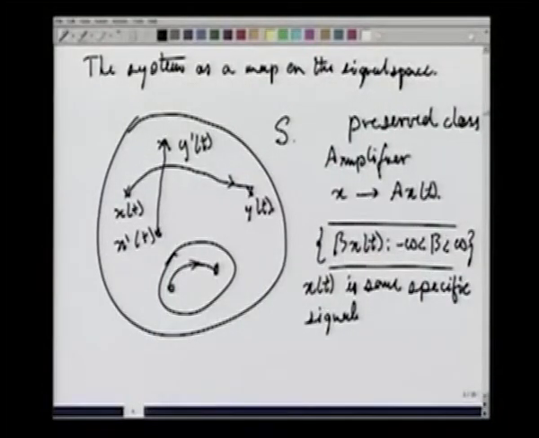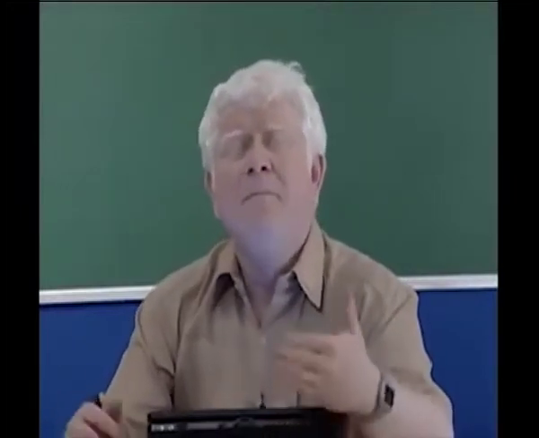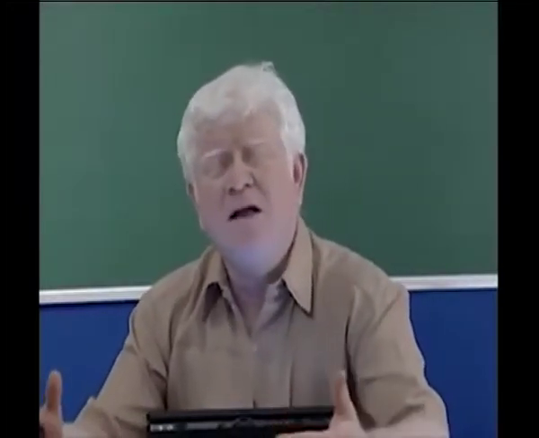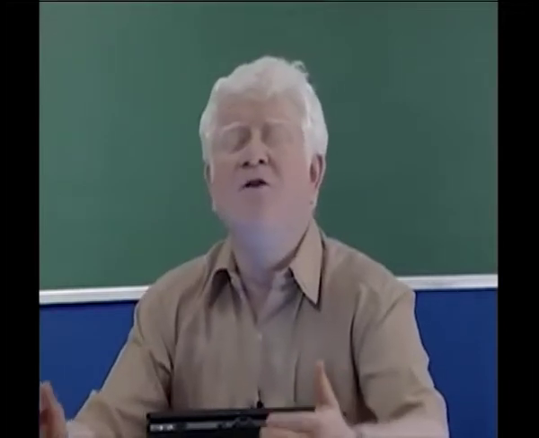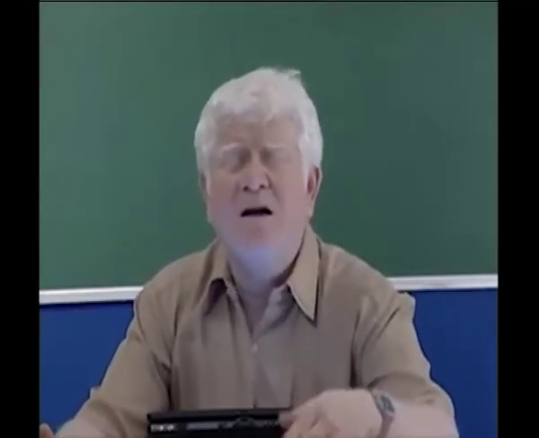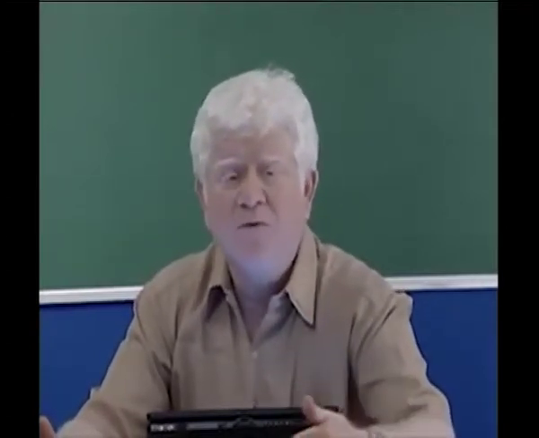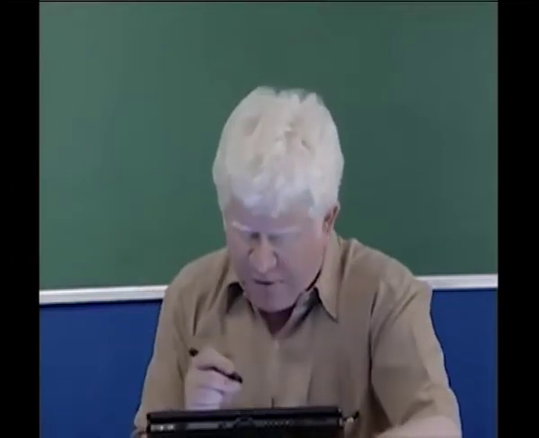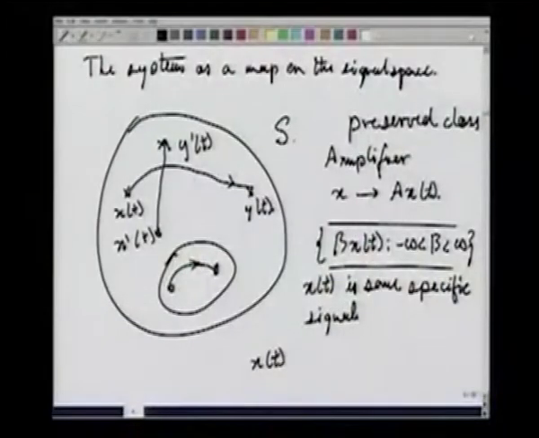For different signals x1(t), x2(t), x3(t), you would have different preserved classes, beta x(t), beta x1(t), beta x2(t) for all values of beta. So how many signals are there in the preserved class of this sort? An infinite number of signals, because beta can take an infinite number of different values. But yet, if I apply x(t) to the system I get A x(t). After all, A is also a number.